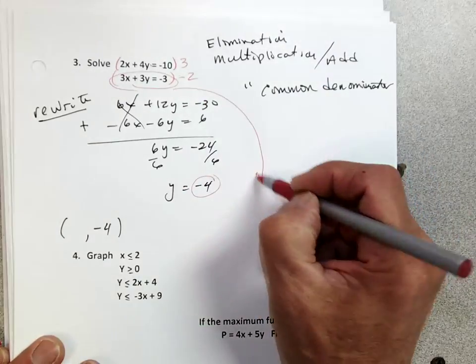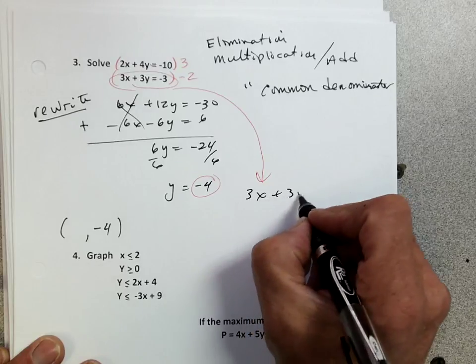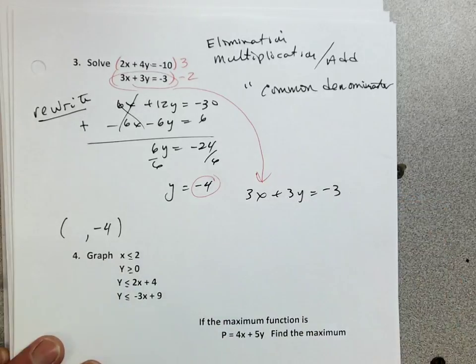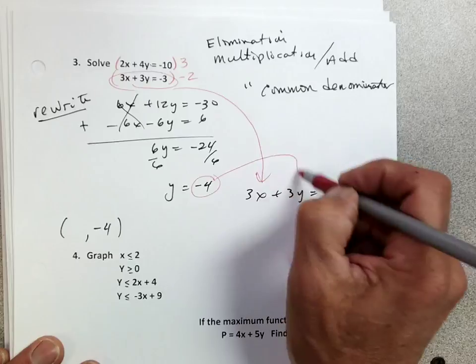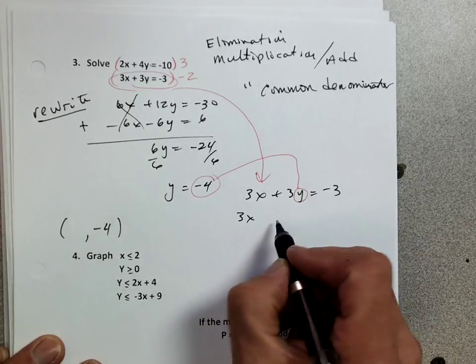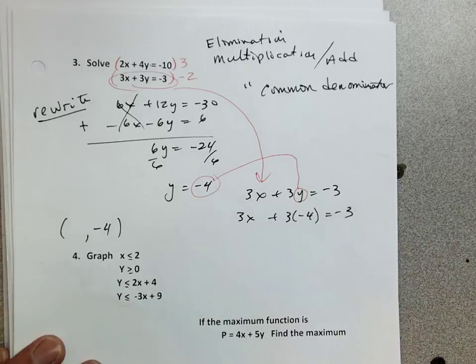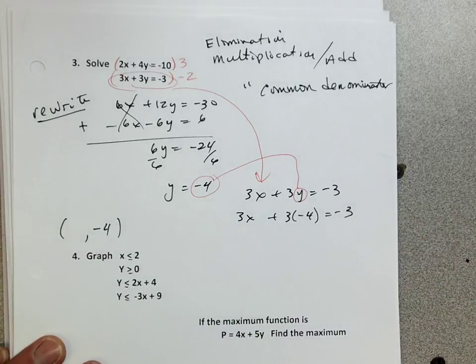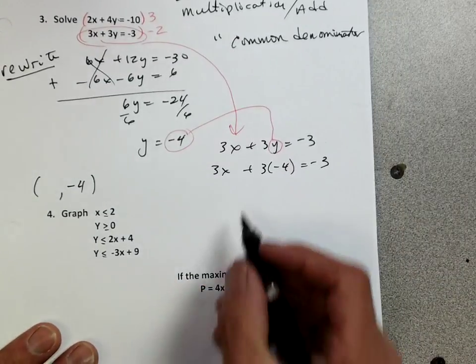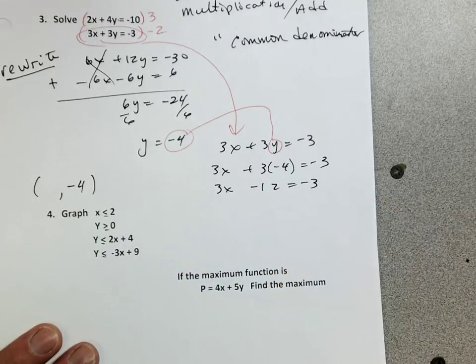So I'm going to plug it into 3x plus 3y equals negative 3, and put my negative 4 right there. So 3x plus 3 times negative 4 equals negative 3. I'm going to have 3x minus 12 equals negative 3.